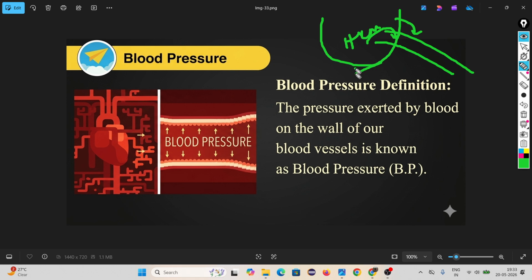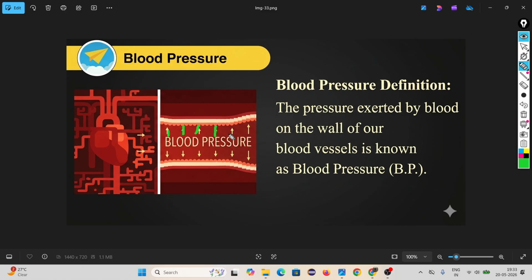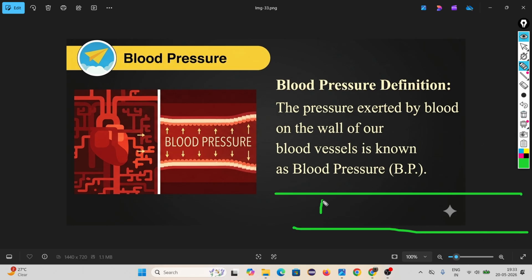That is called blood pressure. The blood is putting some pressure on the wall of the blood vessel. When water is passing through a pipe, the water is applying some force on the walls of the pipe, right? That is nothing but blood pressure.